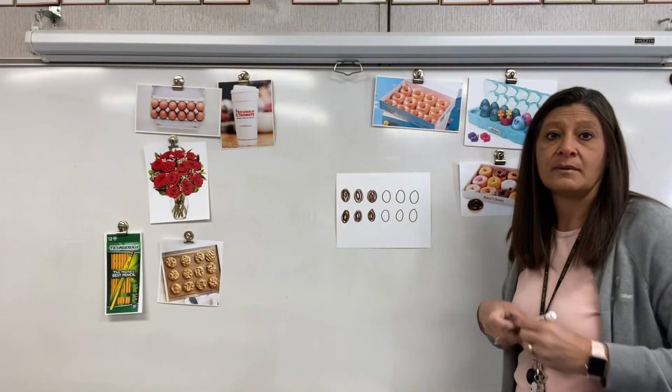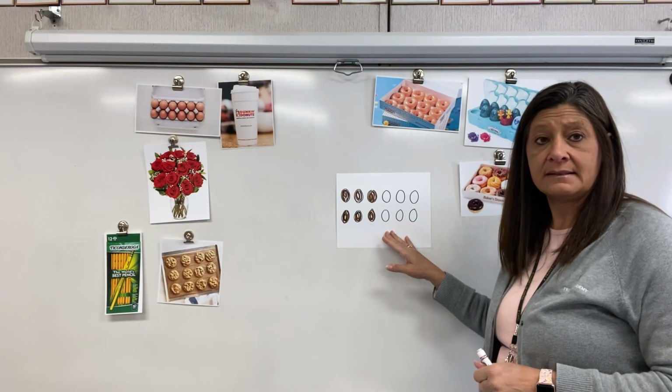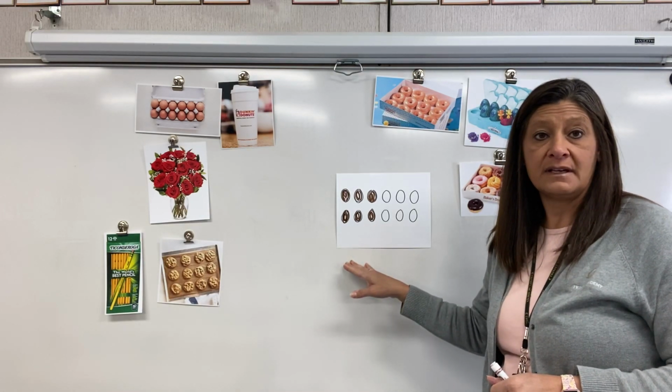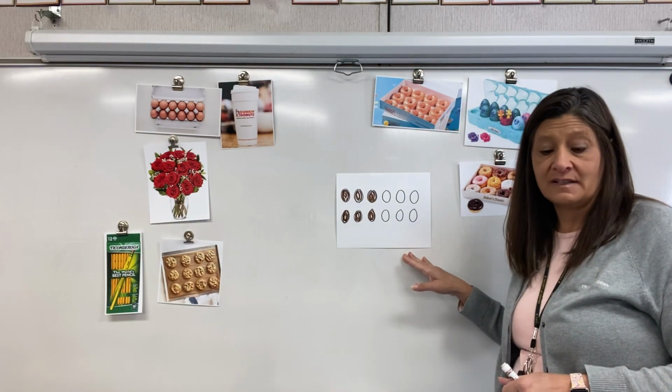And half of them are white eggs. So I have 1 dozen eggs, half a dozen is brown, half dozen is white.